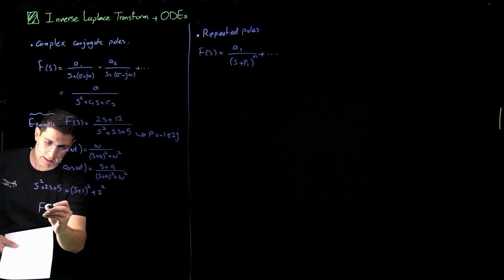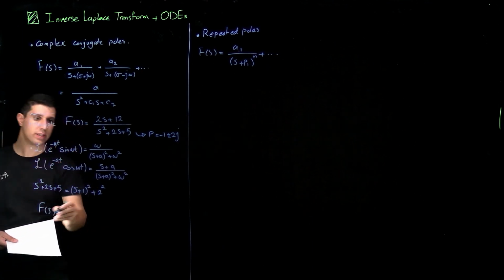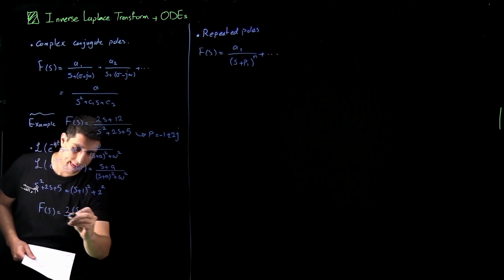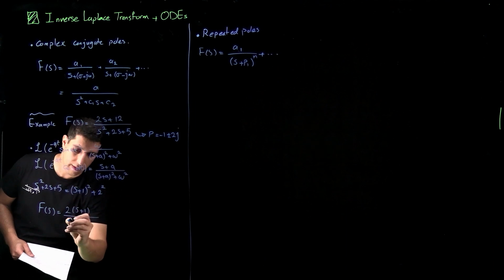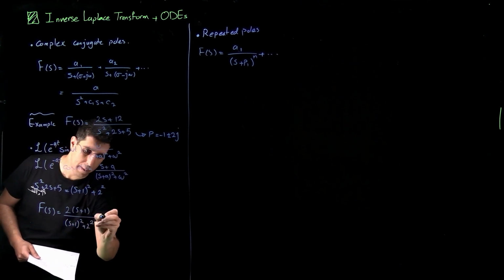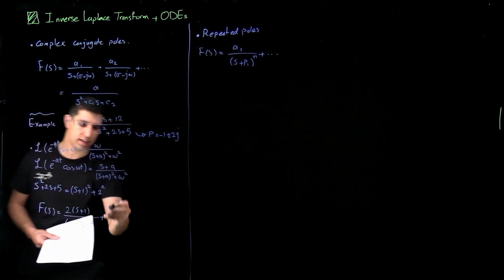So F of s can be written as 2 times (s plus 1) divided by (s plus 1) squared plus 2 squared, plus 10.